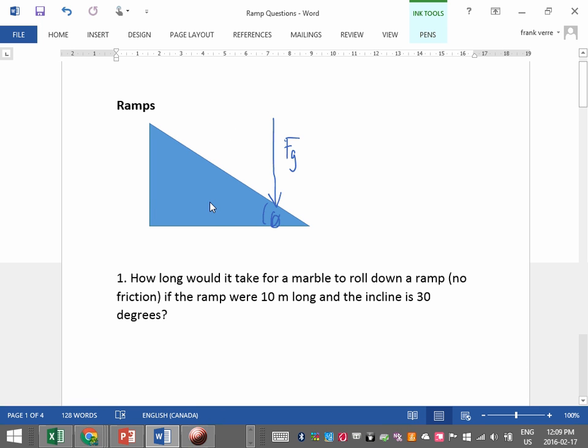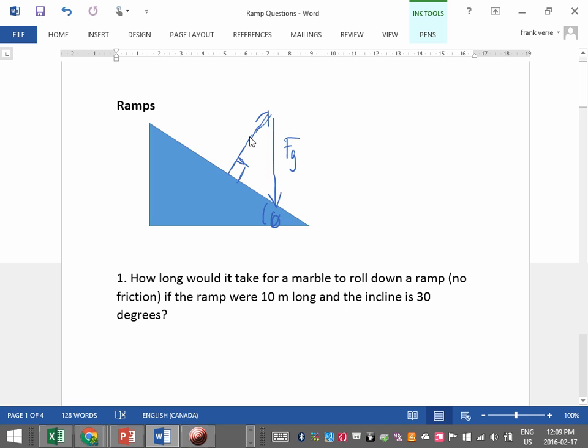Now, you learned in grade 11 about something called a normal force. The normal force is a force that acts perpendicular to a surface. So it would look like this, perpendicular to that surface.